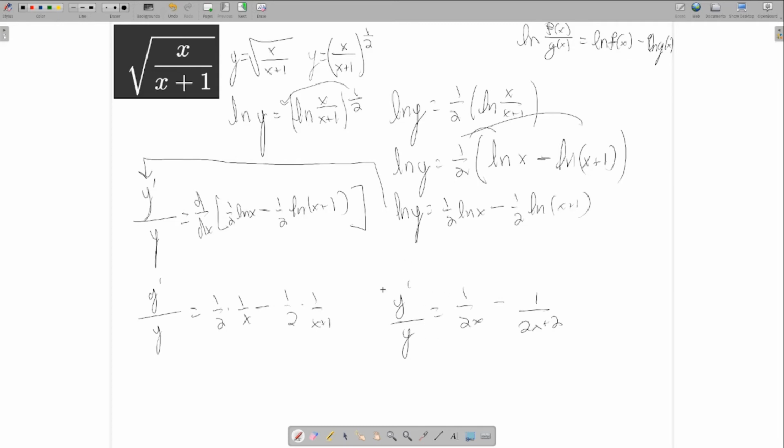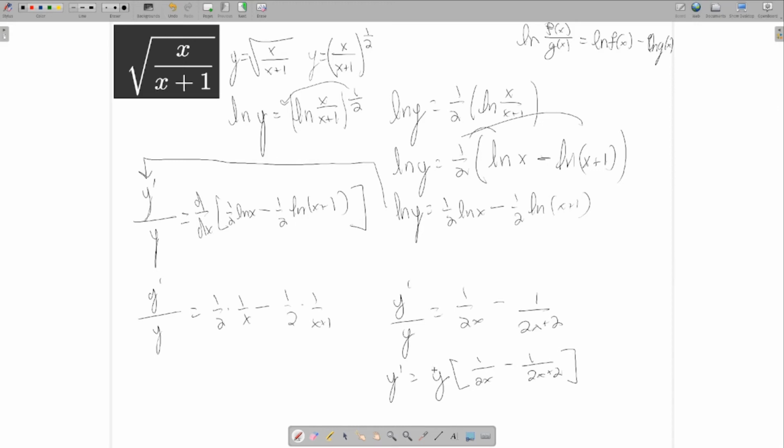And then as we know from last time, we want to isolate y prime. So we can multiply this y onto this side and we get y prime equals y times 1 over 2x minus 1 over 2x plus 2.